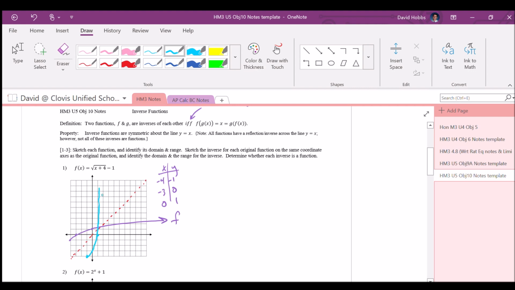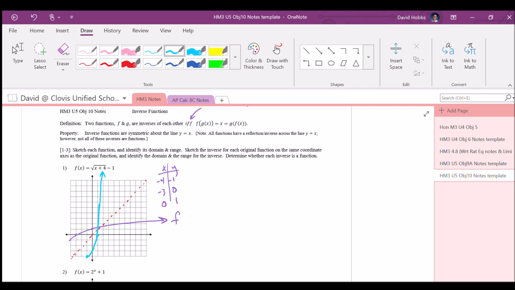Now as long as we're doing a decent job sketching this, which I'm not doing a real great job sketching this other one, the two will look like they're mirror images across the line y equals x. Now, if they intersect, they should intersect right on the line of symmetry.